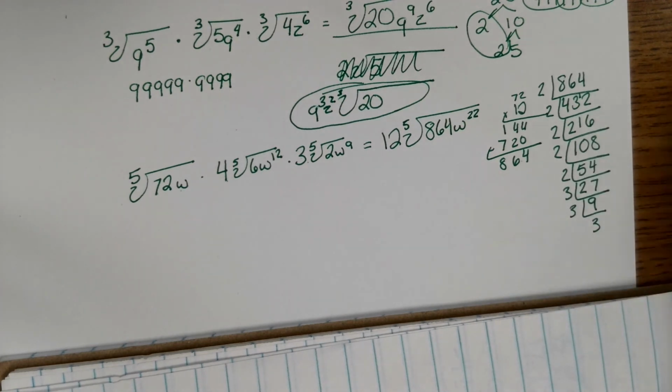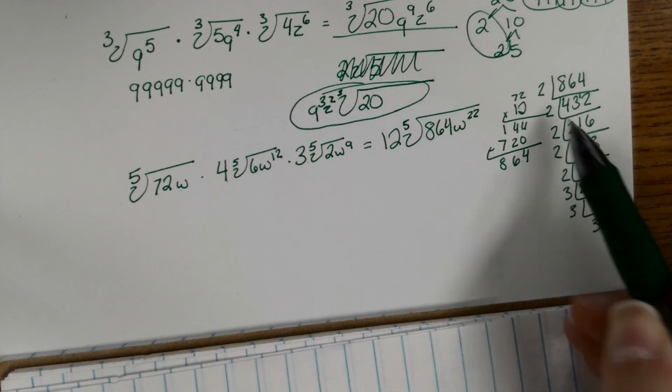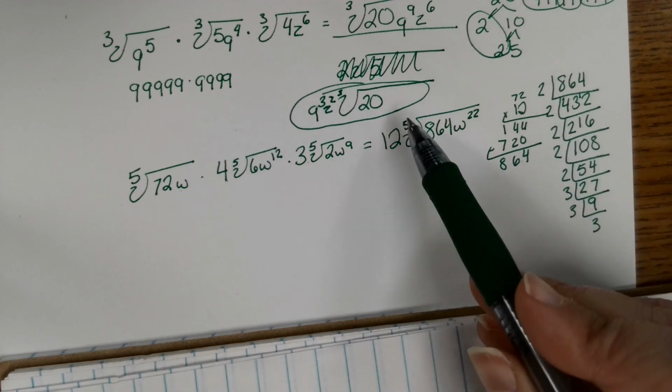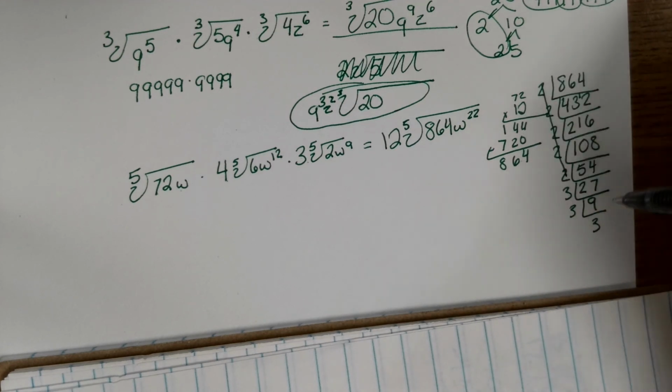All right, now that I have all of this, what do I want in my groups? Groups of 2, groups of 5. Okay, 1, 2, 3, 4, 5. Got one group.